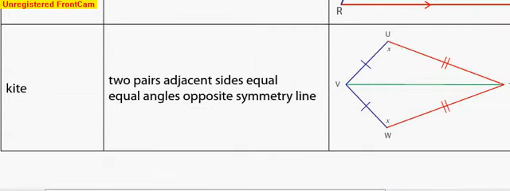And then lastly we focus on the kite. So for the kite we have the symmetry line in the middle, so in other words, to the right of this line and to the left of this line is exactly the same.